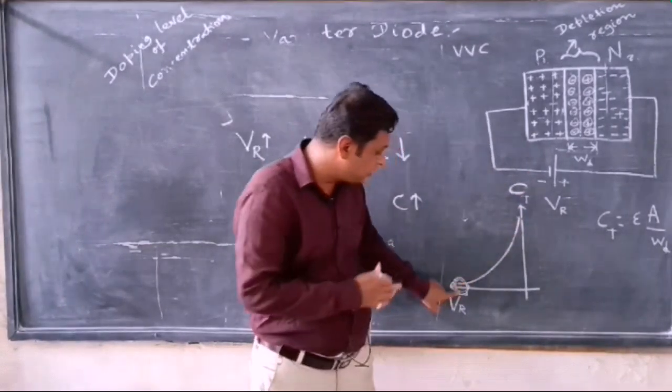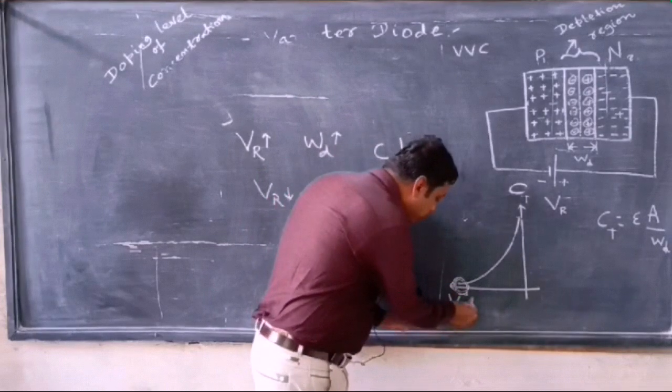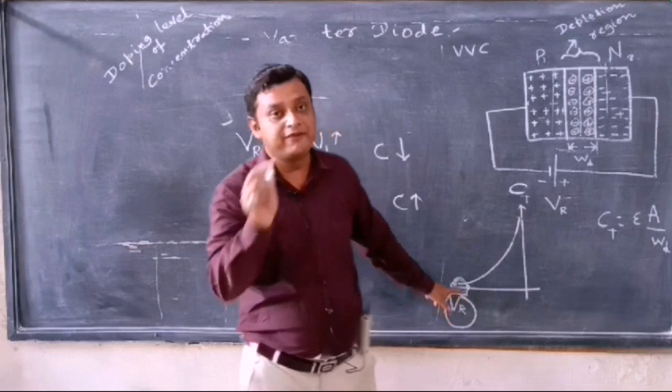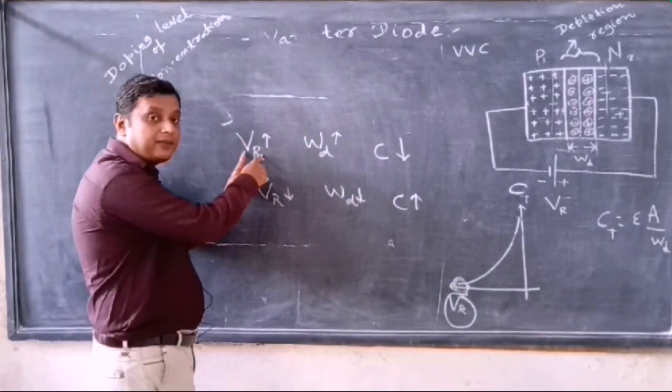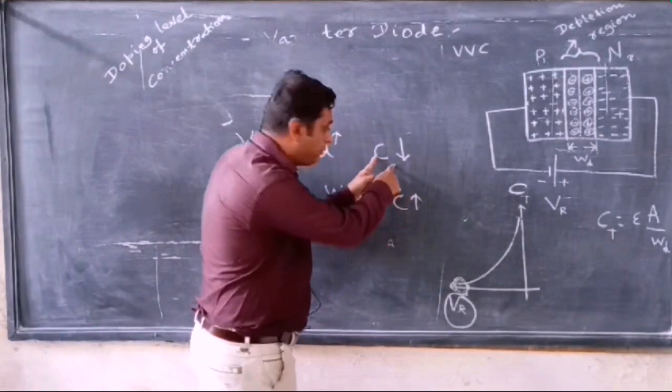I am taking the 2 points. This point shows that there is a higher value of reverse voltage. If I have a high value of reverse voltage, it will give me a capacitance having a low value.